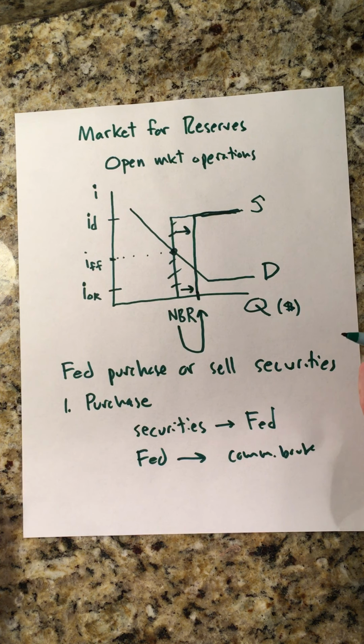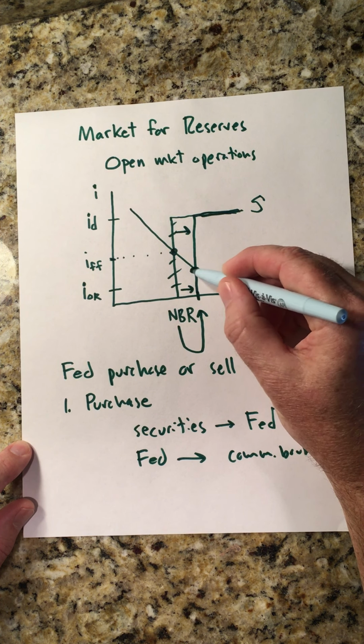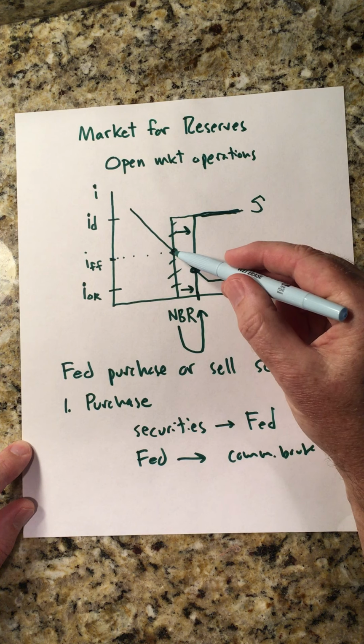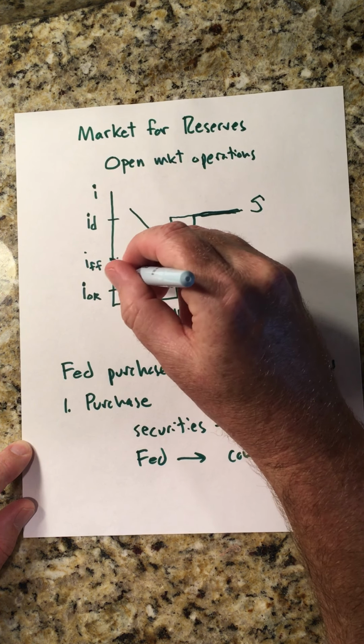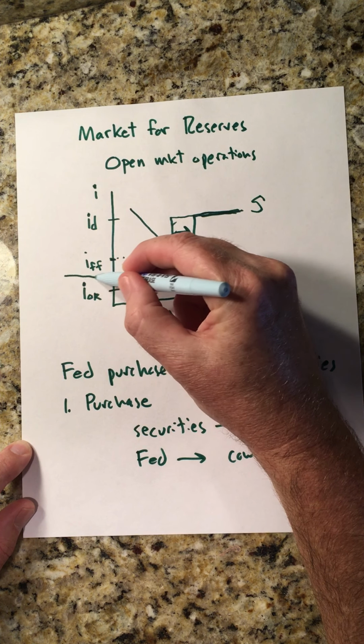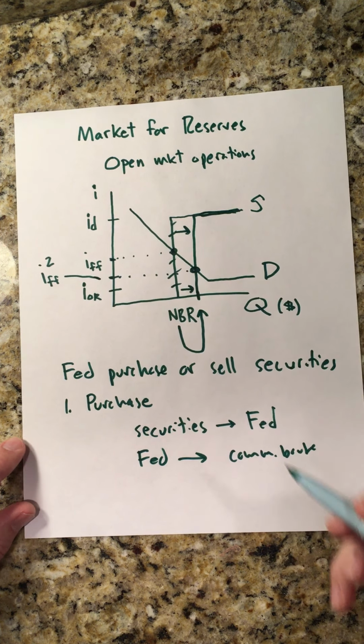Consequently, you can find the new equilibrium rate. The new equilibrium rate is where the supply curve now intersects the demand curve. So I go from here to here, and if I go across over here, this would be my new federal funds rate, IFF2.